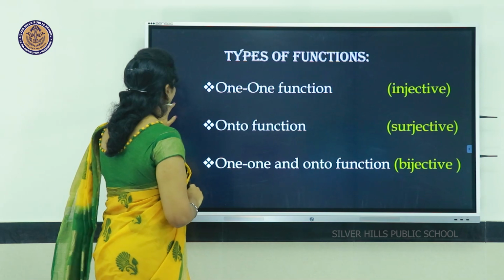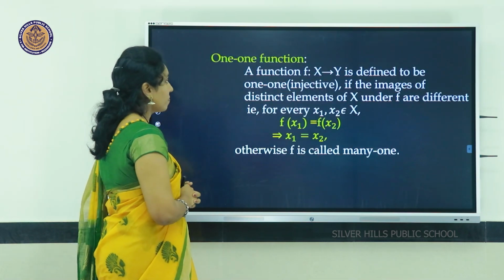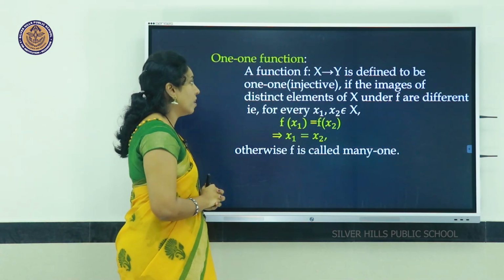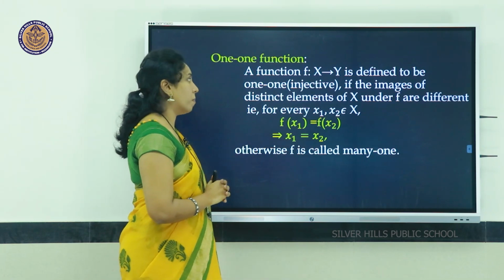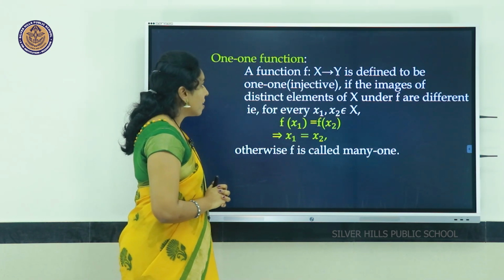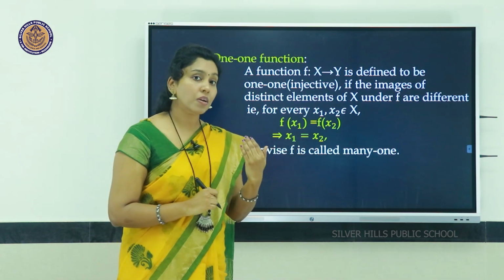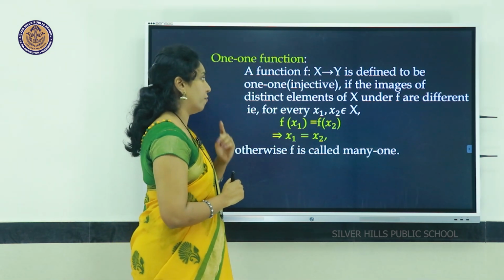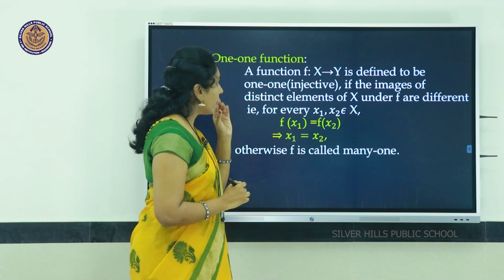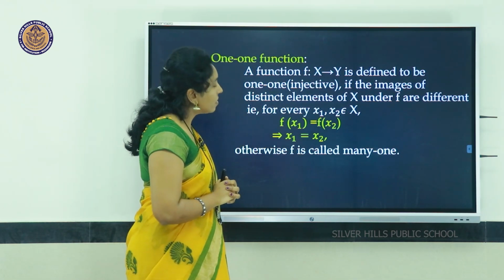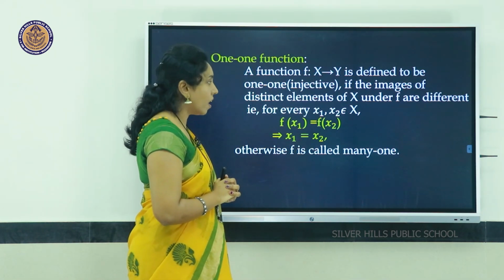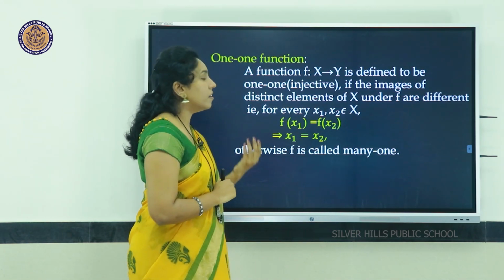So, now let us see what is 1-1 function. A function f from x to y is defined to be 1-1, another name for 1-1 is injective, if the images of distinct elements of x under f are different.